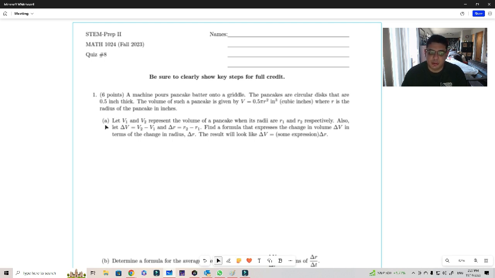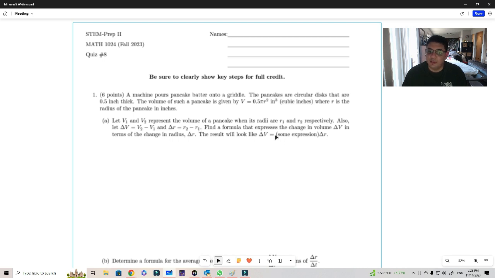Now, question number 1 asks us to check the volume of two different pancakes. They have two different radii, R1 and R2 respectively. We know that delta V, the difference in volume, is V2 minus V1, and we can call delta R the difference R2 minus R1.